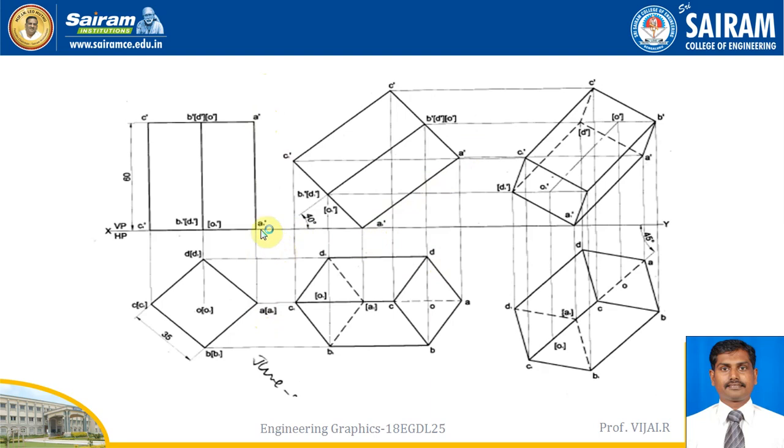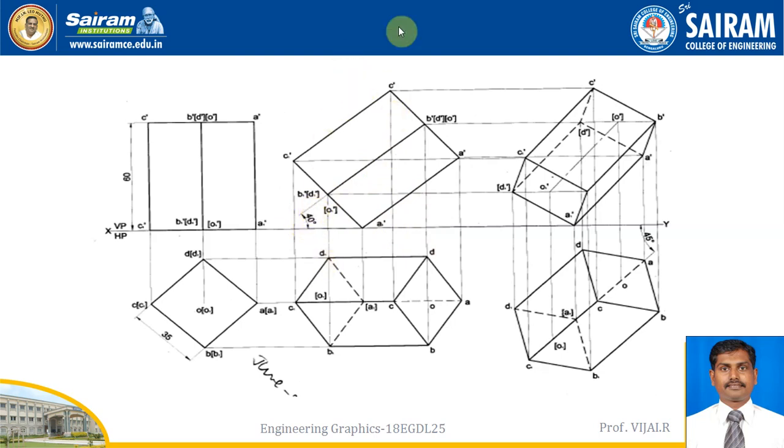Draw the longer edge, measure this dimension, and make an arc. This is the angle which is 40, and this is also 40. Be clear with this. Since it is parallel, we can draw from here. After that you can extend, but show the axis angle here. Don't show the angle here, since the axis inclination is given.